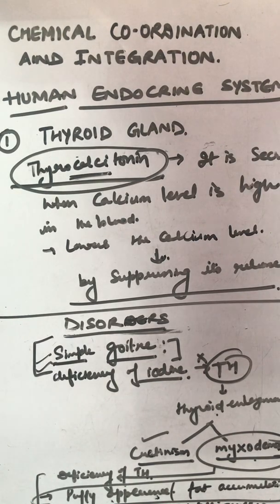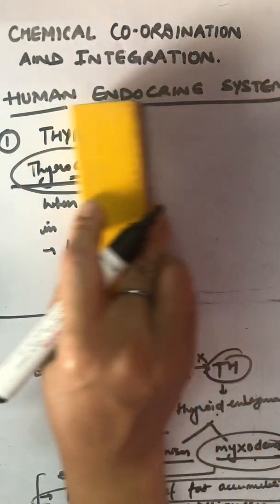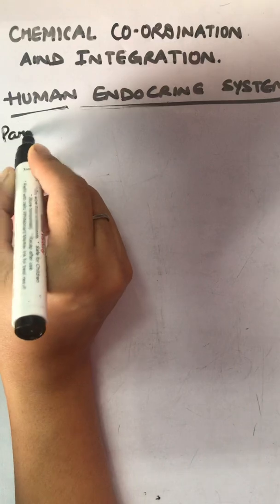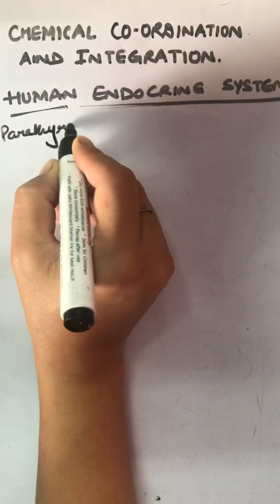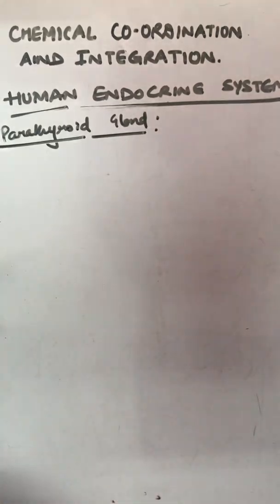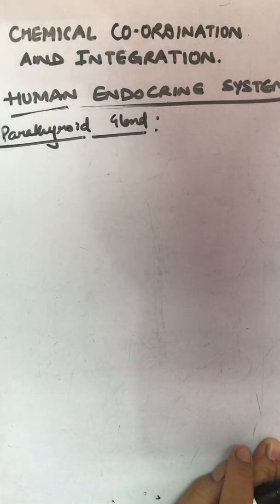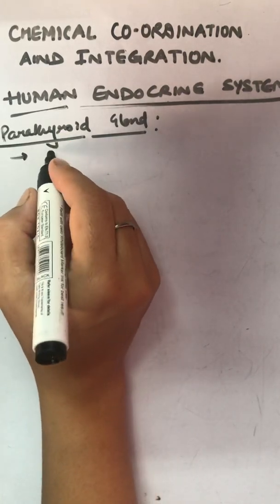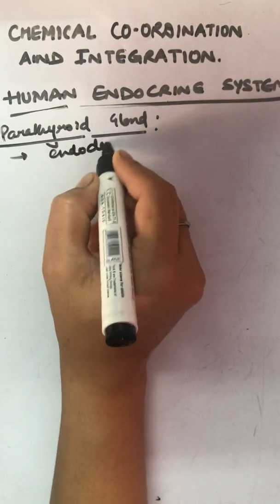This is about thyroid gland, and now we are moving to parathyroid gland. Parathyroid gland also originates from the endoderm of embryo.